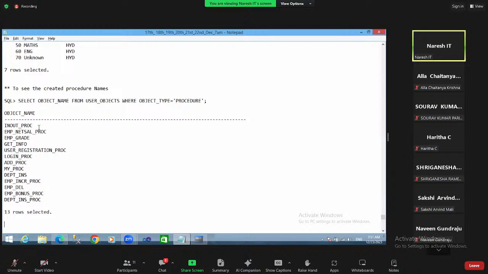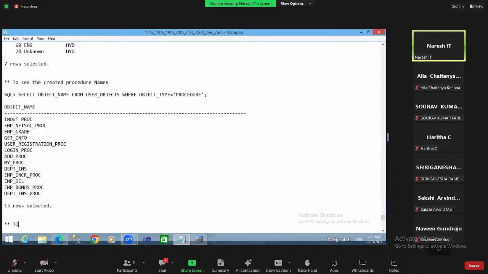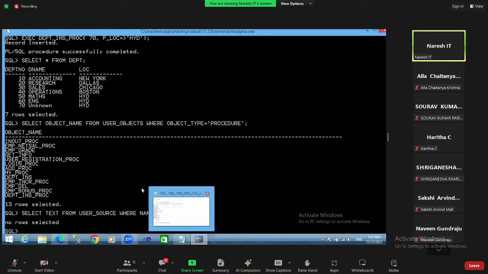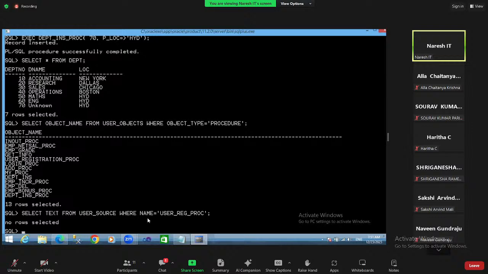Right, guys. Now, to see a particular procedure body, we know procedures are stored in the database permanently. Select text from user_source where name equal to your procedure name. What is the procedure name? User registration reg_proc is not available.